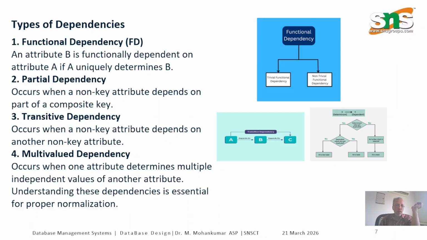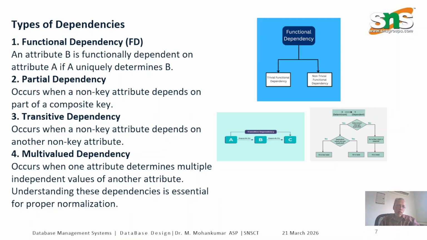Why are we using dependency? Again, we are fine-tuning the normalization process. We have different types of normalization, so we are fine-tuning to avoid data redundancy. So we are implementing these four types of dependencies.